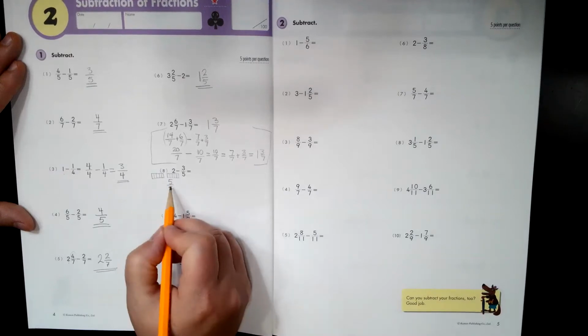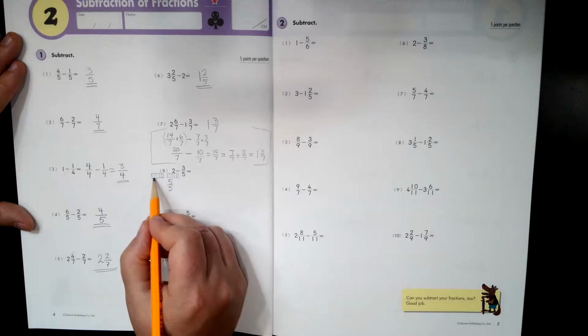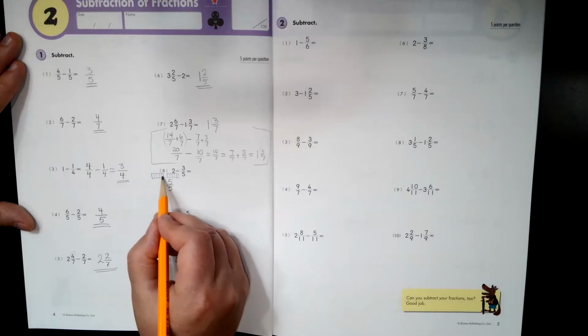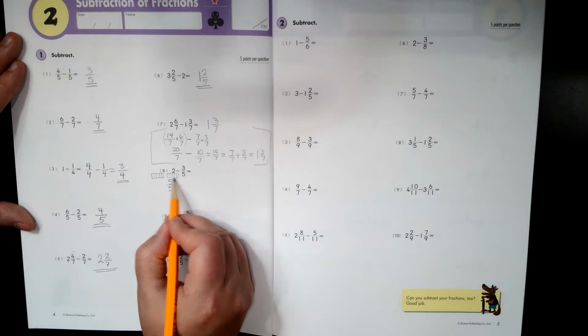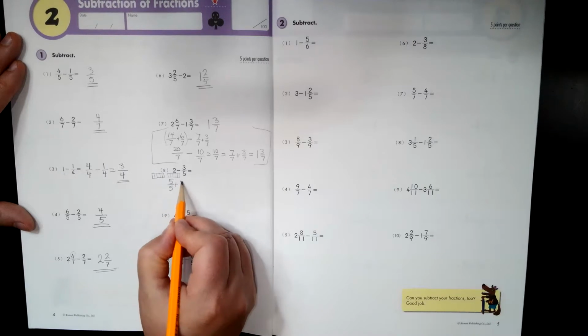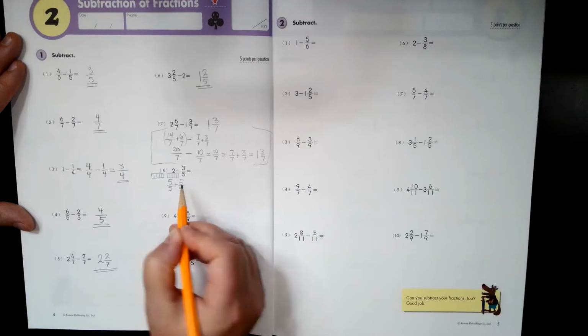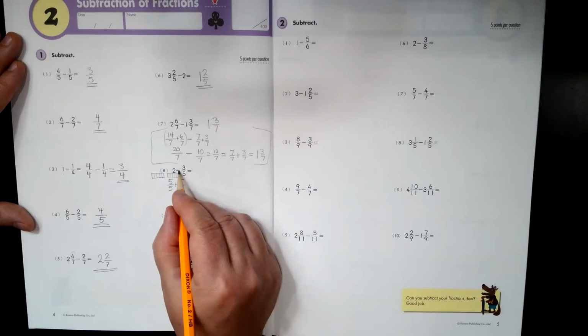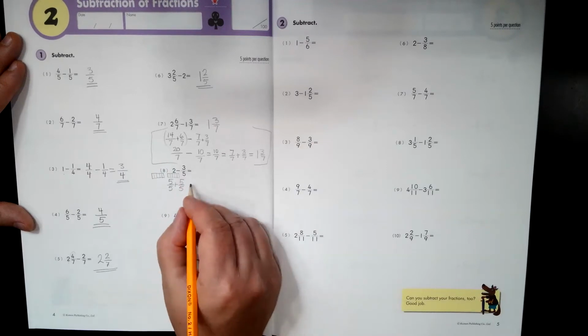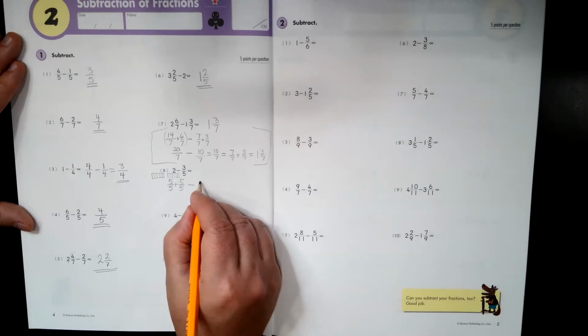So if I have 5 of 5 parts, I have a whole brick cut into 5 parts, and I have a second whole brick that's cut into 5 parts. And I only need to take away 3/5. I need to take away 3 of those 5 parts.